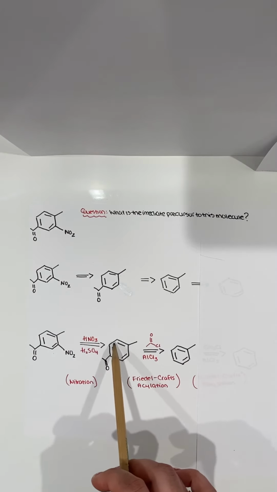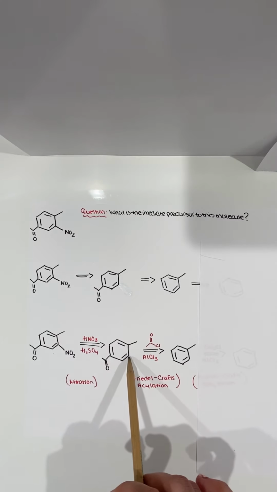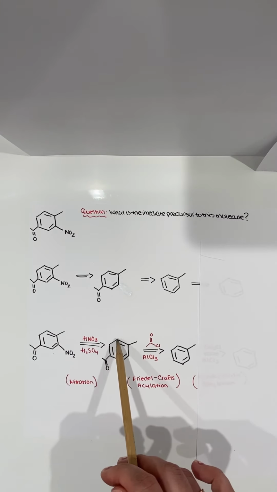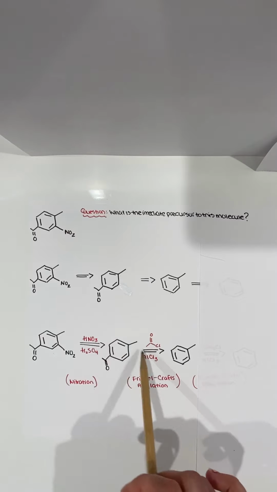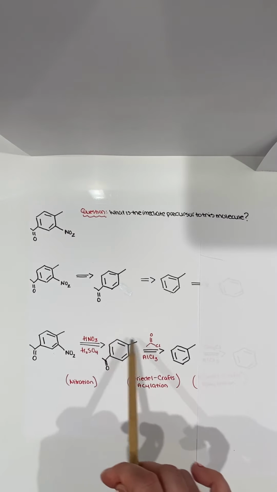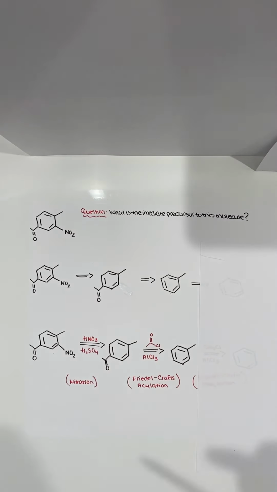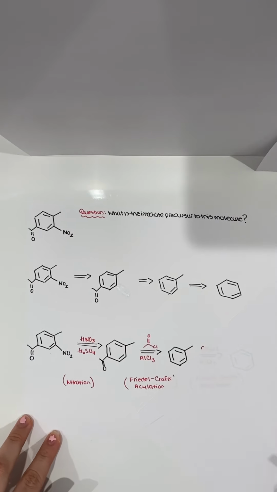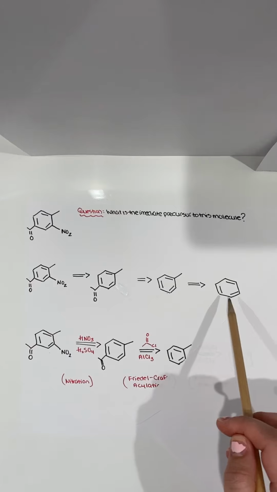Now, it won't add to the ortho positions because of sterics. It would be sterically hindered if it adds onto these because there will be too many carbons present close to each other. So now after looking at that, we can see that our final step is having the benzene ring.